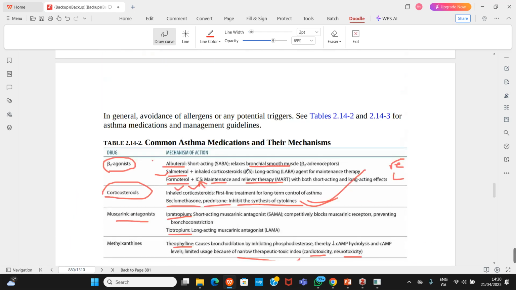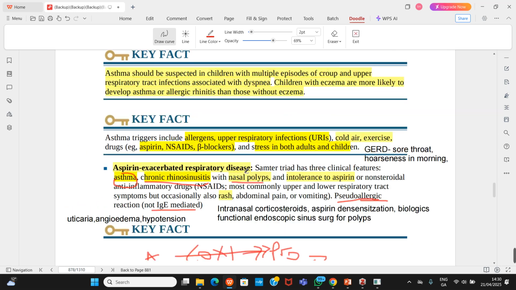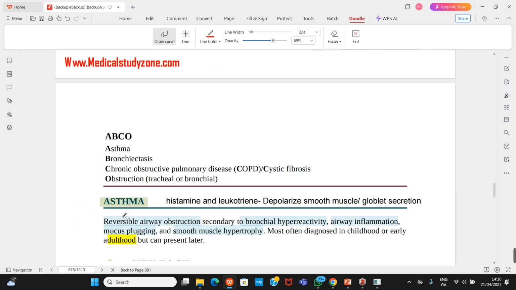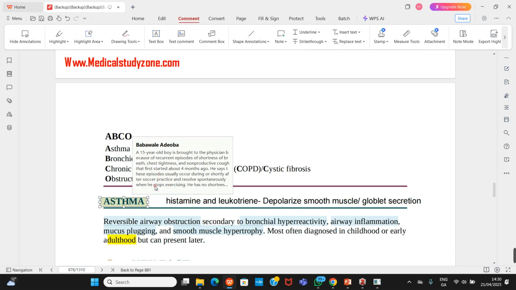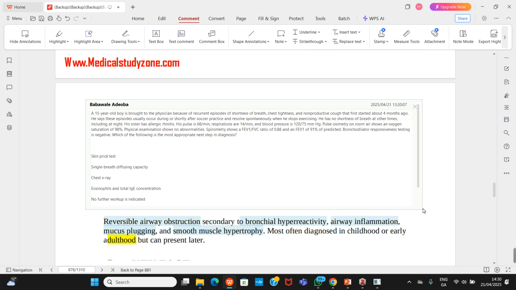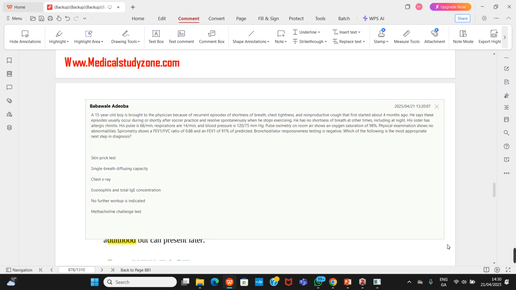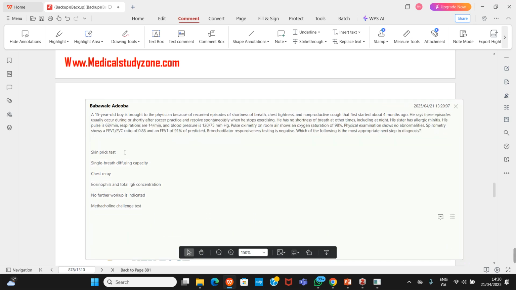So let us look at the question here. I think I have only one question or so for this one. Let's just see if we are following. This is a 15-year-old boy who is brought to the physician because of recurrent episodes of shortness of breath, chest tightness, and non-productive cough that first started about 4 months ago.